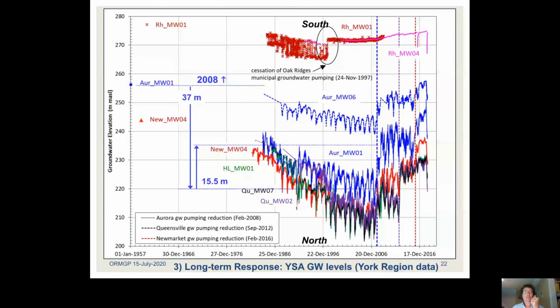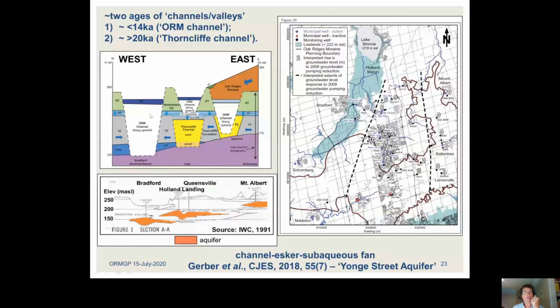So we had to look at this because for the most part in our conceptual model, when we're looking at channels or valleys, you can kind of see them on the DEM, on the ground surface DEM. This channel along the Yonge Street Aquifer wasn't completely visible, particularly underneath the moraine down in the south here.